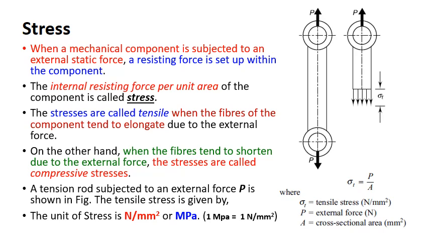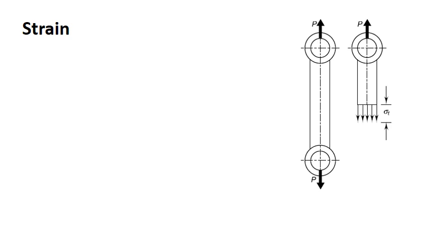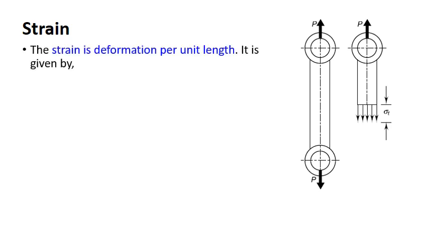So this is one response. The other response is the strain, that is deformation. So when we apply this force, the member tends to deform. In this case, we are applying a tensile force, so it will try to elongate. So what is the quantity of deformation? What is the quantity of elongation?